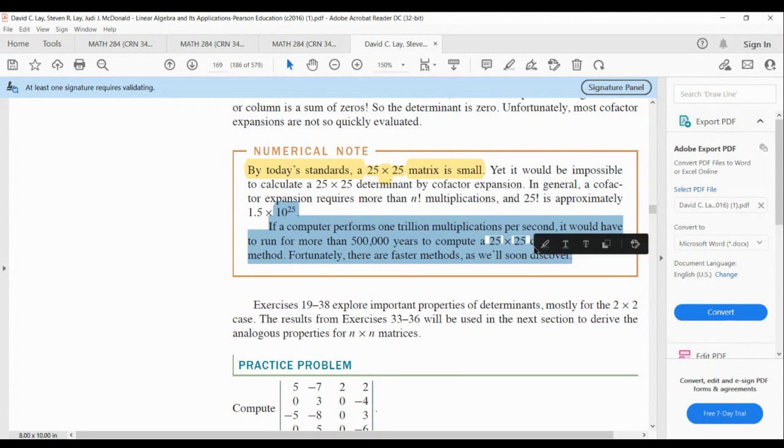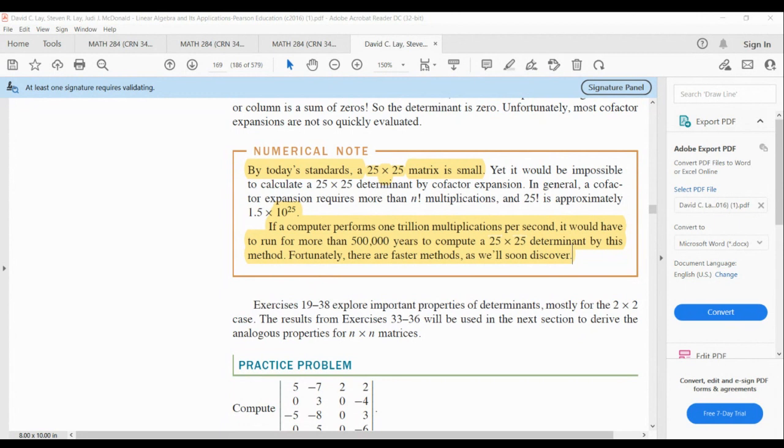If a computer performs 1 trillion multiplications per second, it would have to run for more than 500,000 years to compute a 25 by 25 determinant by this method. How many think that's absolutely amazing? So fortunately, there are faster methods, as we'll soon discover.